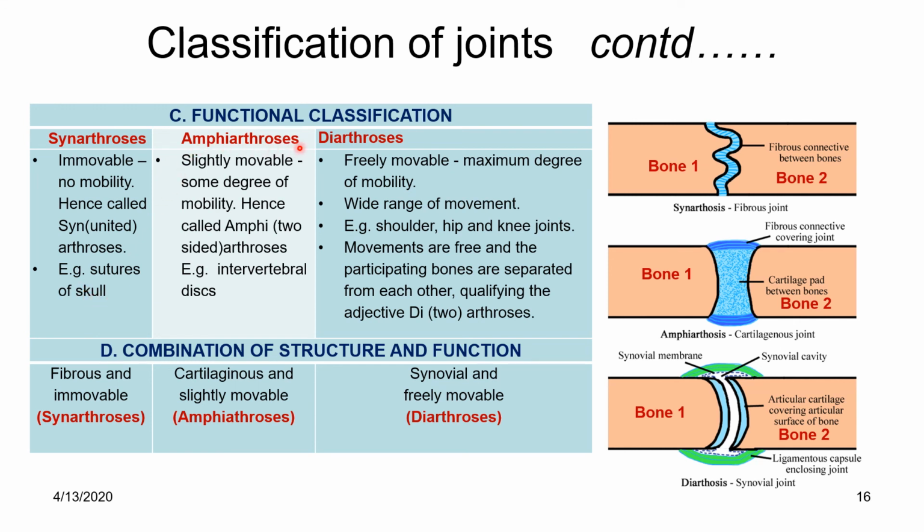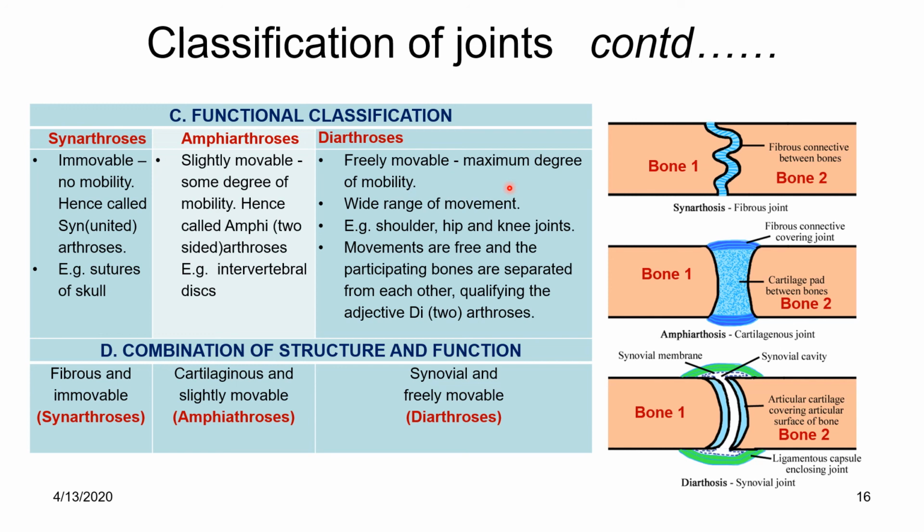Then the amphiarthrosis, which are slightly movable joints. Some degree of movement will be there. That's why they are called amphi, two-sided, arthrosis. An example is the intervertebral discs.